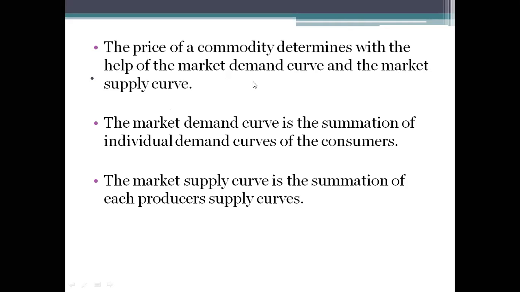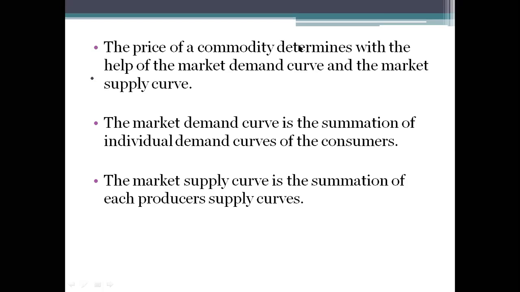Now, what is market demand? Market demand is the demand of the total market. So how will we get market demand? If we add up all the individuals' demand curves, then we will get the market demand curve. Clear?